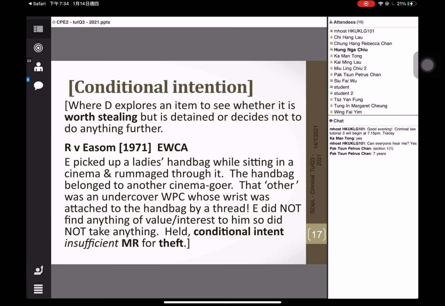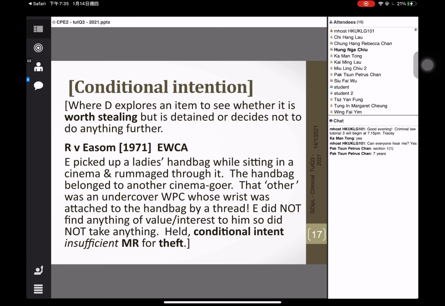This conditional intention is not really part of the answer, but I think it's good to explain exactly what this concept is so everybody gets it right. Conditional intention is where the defendant explores an item to see whether it would be worth stealing and is detained or decides not to do anything further.